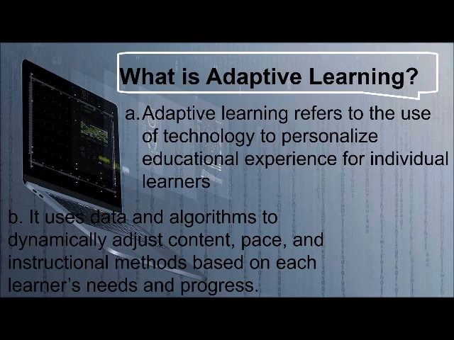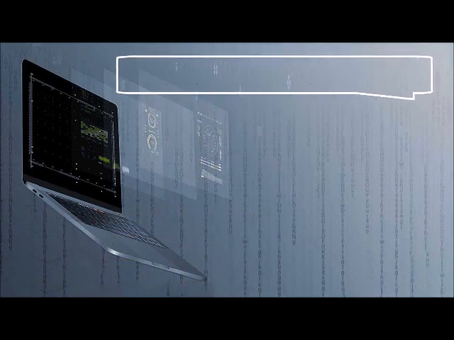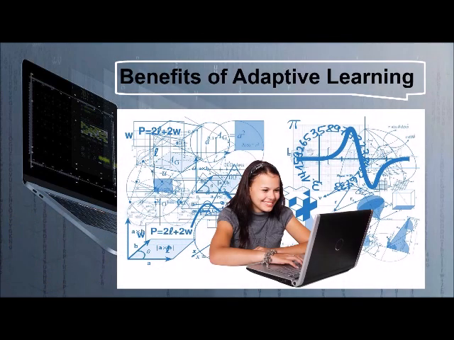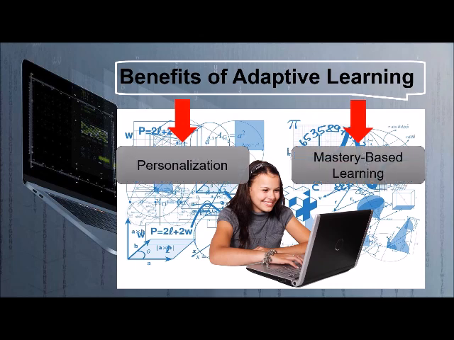So what are the benefits of adaptive learning? Actually, there are two main benefits of adaptive learning. The first one is personalization. The second one is mastery-based learning.